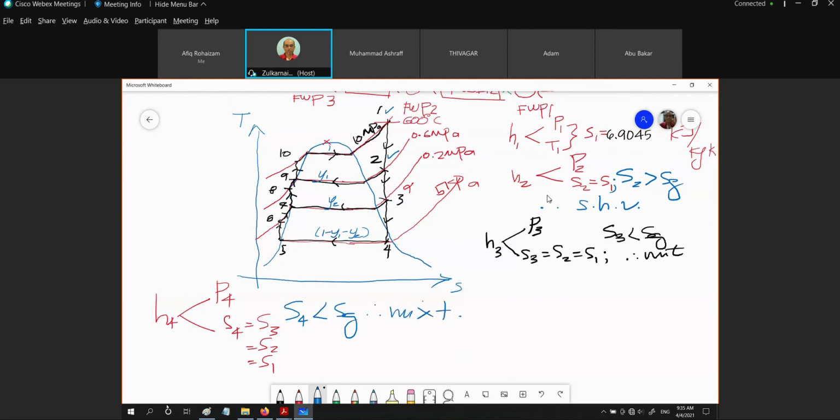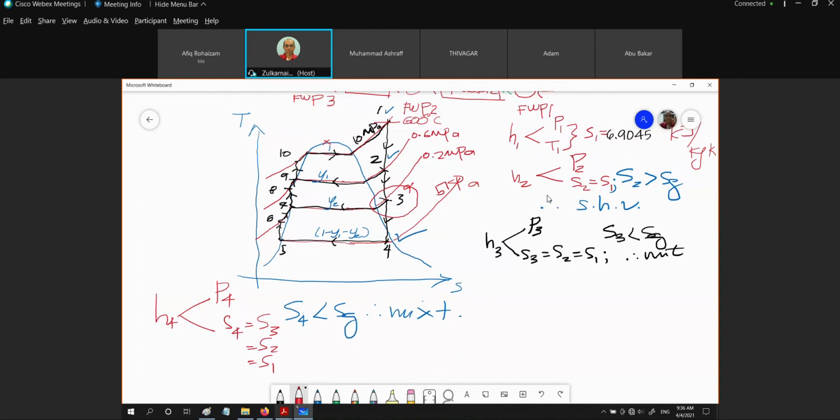This is correct. This is wrong. So we need to adjust this point. Can you please adjust it for me? You have to put process 1 to 2 as superheated vapor, 2 to 3 from superheated vapor to mixture, and then 3 to 4 is a mixture.